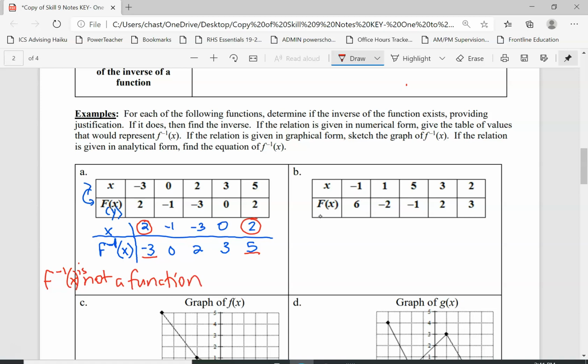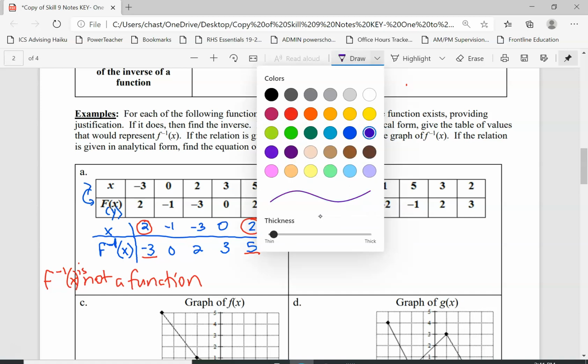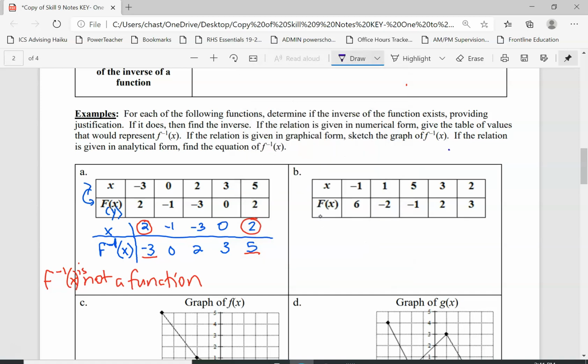Okay. If I look at the next one, what I'm going to do is, once again, think of this as x and y, so we're going to switch them around.